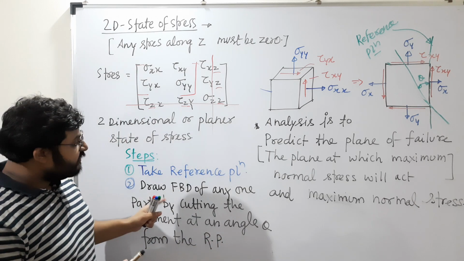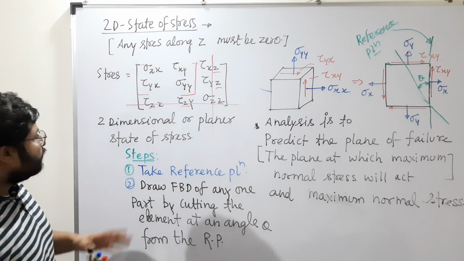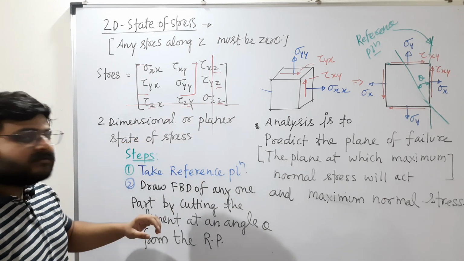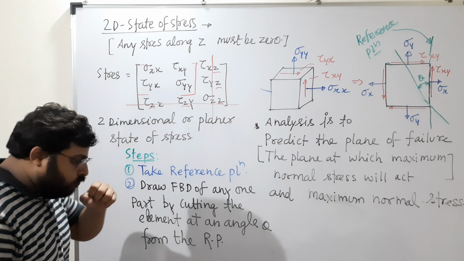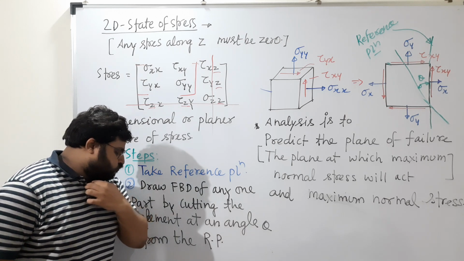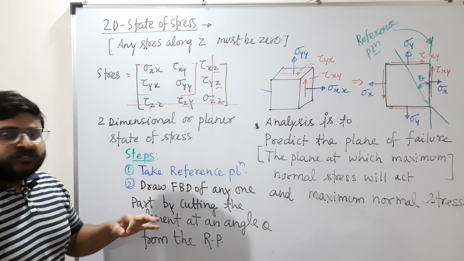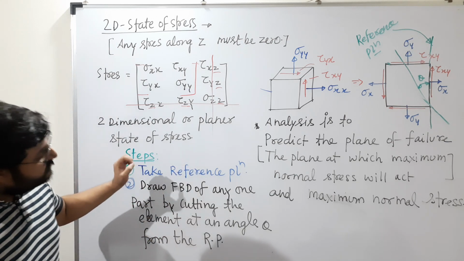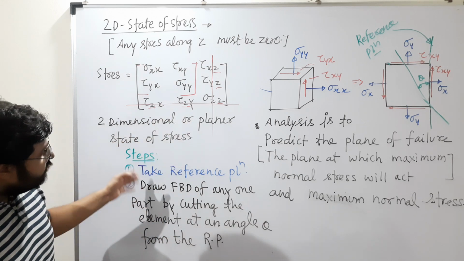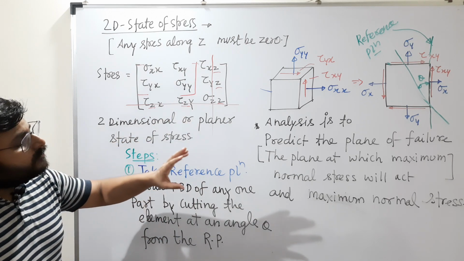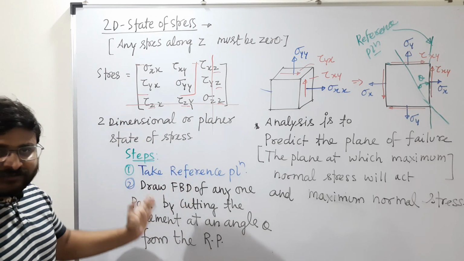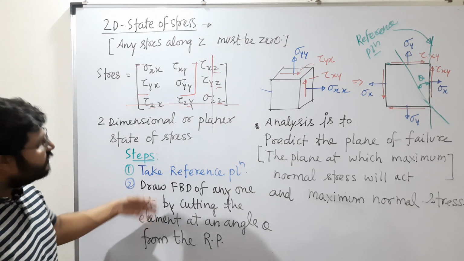So the first step is we need to select the reference plane. Once we select the reference plane, then we need to cut the element in two parts at an angle theta from the reference plane, and we can draw the FBD of any one part.